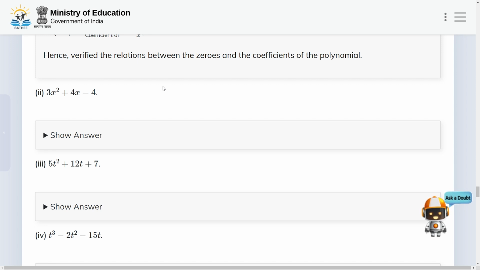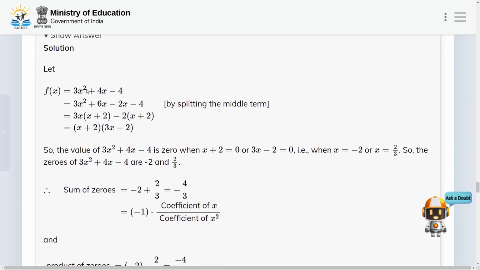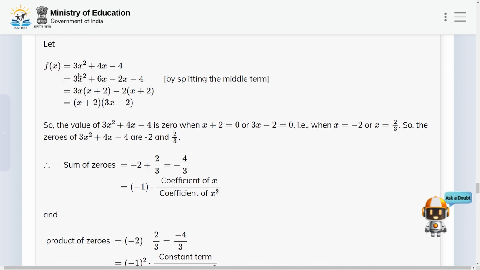Now let us see the next quadratic polynomial, 3x square plus 4x minus 4. Let us see the answer. First, let f of x equal 3x square plus 4x minus 4. By splitting the middle term, you can split 4x as 6x minus 2x. Then this is equal to 3x square plus 6x minus 2x minus 4, which is 3x times x plus 2 minus 2 times x plus 2, that is x plus 2 times 3x minus 2.